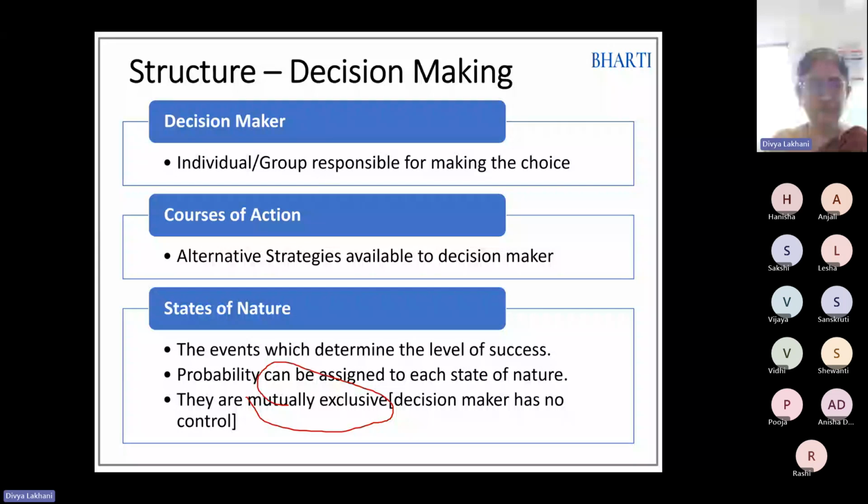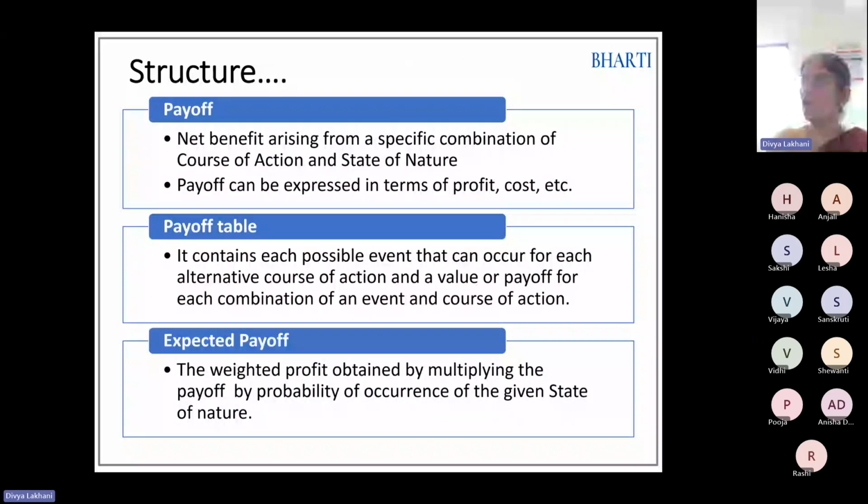Now there are different concepts which we will be using in this topic of decision theory, some terminology. I want you to make a note of it. Payoff. Payoff indicates basically you prepare a matrix. You may be focusing on the cost factor or you can be focusing on the profit.